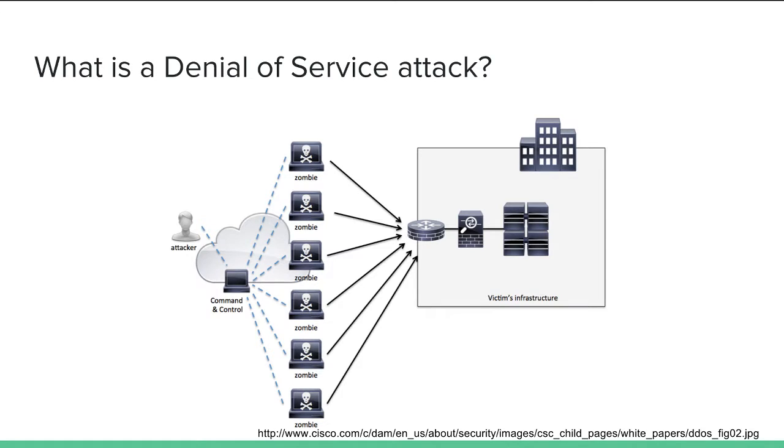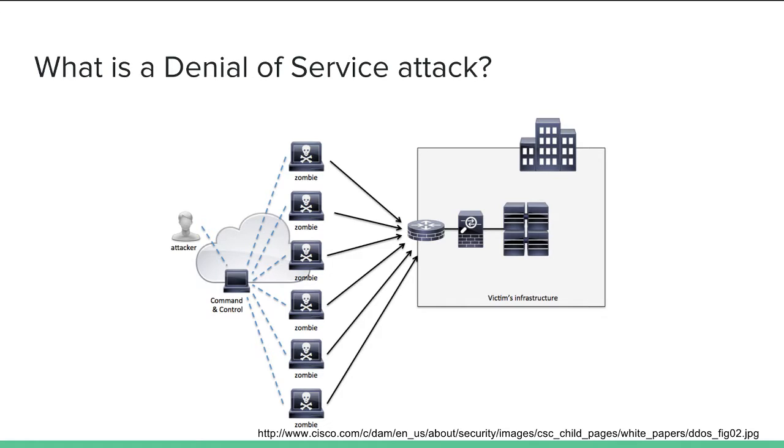Then the next question is, what's a denial of service attack? Denial of service attacks or distributed denial of service attacks are basically, the physical analog would be having a bunch of people send letters with the intent to fill up somebody's postal box so that they couldn't receive any legitimate mail. It's just sending a bunch of junk mail to one inbox.